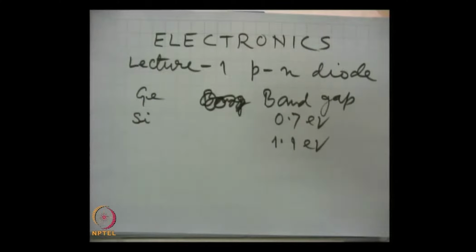Of course, there are other compound semiconductors, gallium arsenide is also there, but for you it is sufficient if I talk about germanium and silicon.